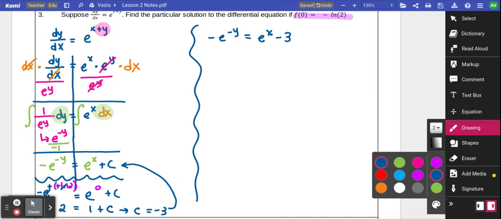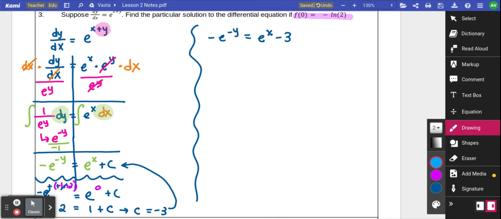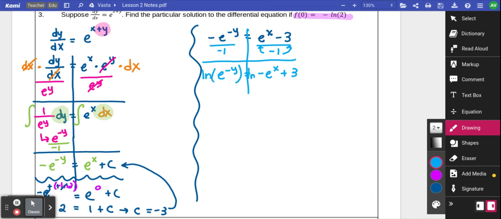In order to solve this, I'm going to start by dividing by a -1 on both sides to cancel that negative that is outside of the e to the negative y. When I do that, I'm going to have e to the negative y equals, and I'm going to divide both of these things by -1, so I'm going to have negative e to the x plus 3. Now I'm going to do the natural log of both sides because the natural log is the inverse operation of e.